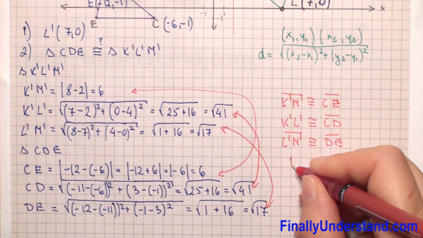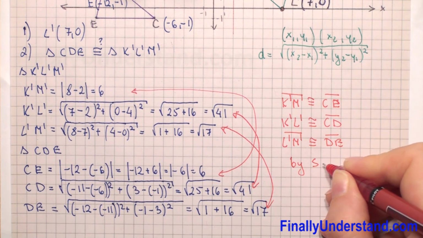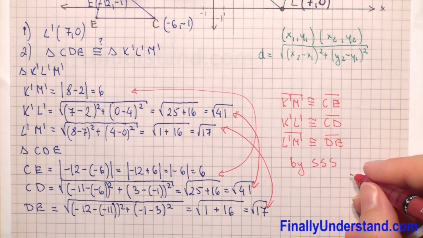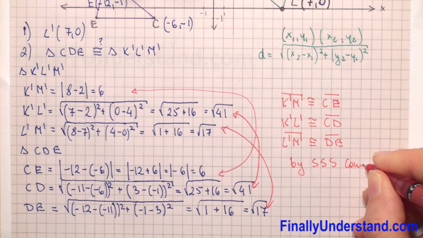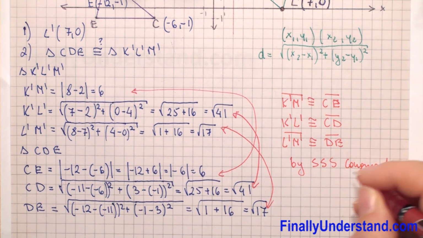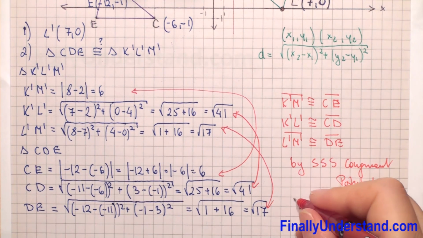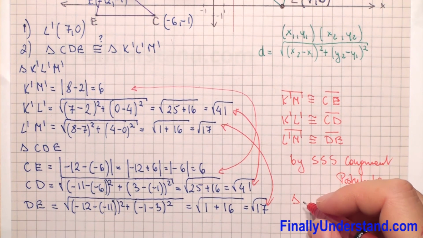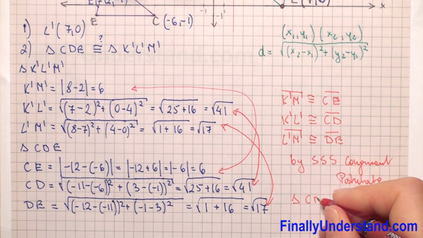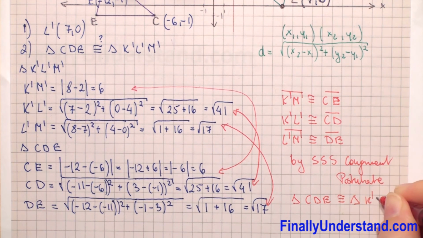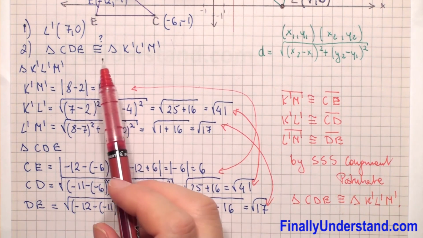So by the side-side-side congruence postulate, triangle CDE is congruent to triangle K prime L prime M prime. And this is our solution.